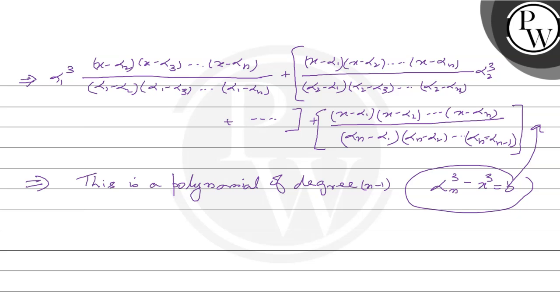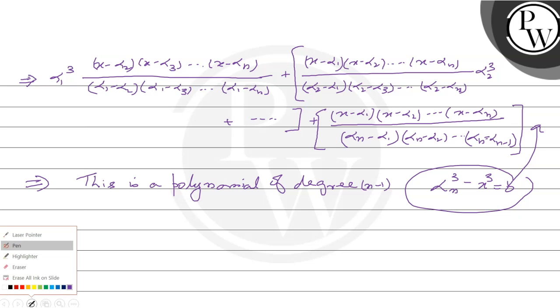So when it is a polynomial of some degree, it will be having factors then, am I right? It will be having the factors. So what factors will it have?